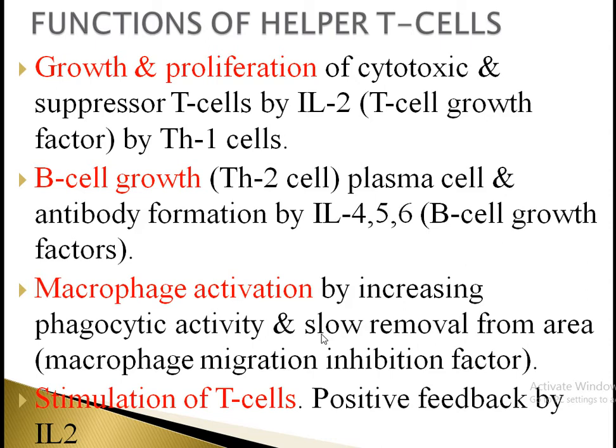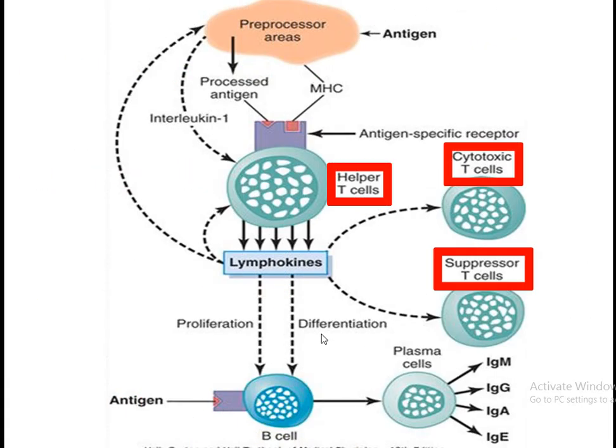The other functions of the helper T cells, in detail, are growth or proliferation of the cytotoxic T cell and suppressor T cell, B cell growth also, macrophage activation also, stimulation of the T cell, and positive feedback by interleukin 2. Now through this figure you can see how the helper T cells assist the other types.